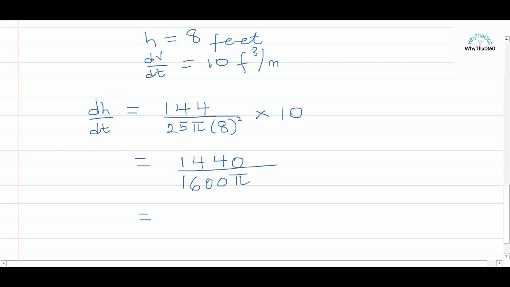So 0.9 is the same as 9 out of 10 pi, and that's dh/dt, the rate at which the depth is changing with respect to time.